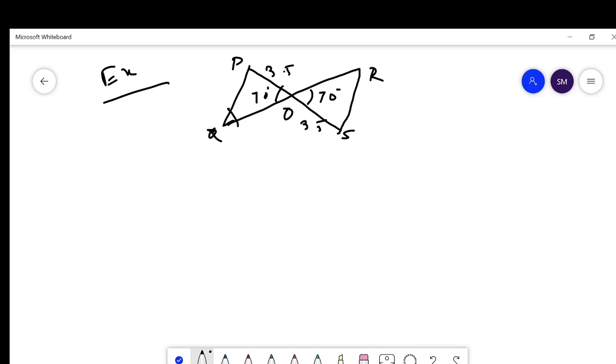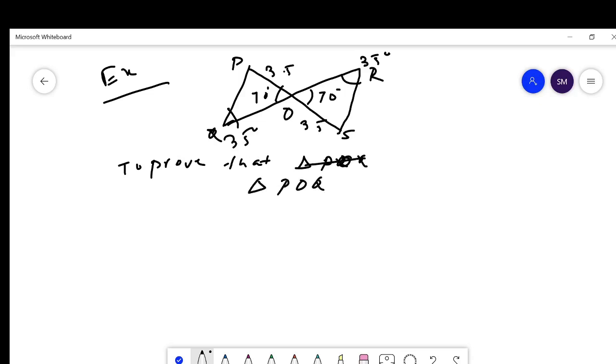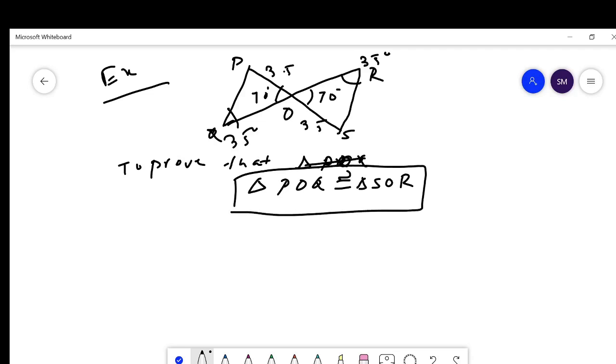Another condition given here is this angle is 35 degrees and this angle is 35 degrees. Then to prove that triangle POQ is congruent with triangle SOR.